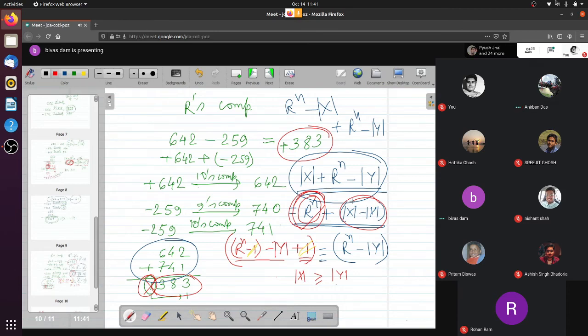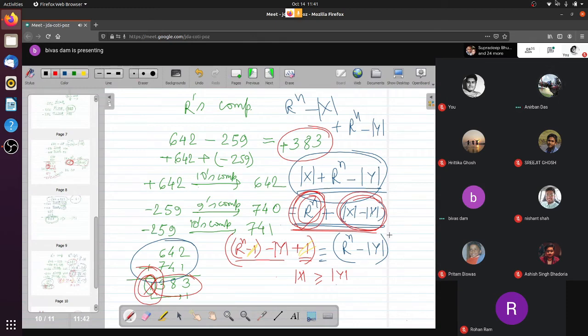Clear or not? So in case this is negative, R to the power n plus a negative value will definitely make sure that I won't be getting any carry out. The sum will definitely be less than R to the power n. In case mod x minus mod y itself is a negative value, R to the power n plus that negative value will be definitely less than R to the power n.